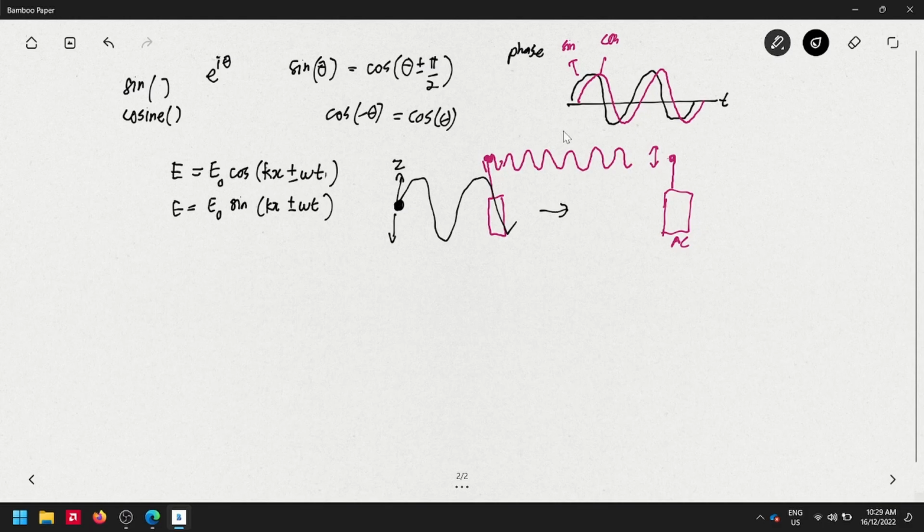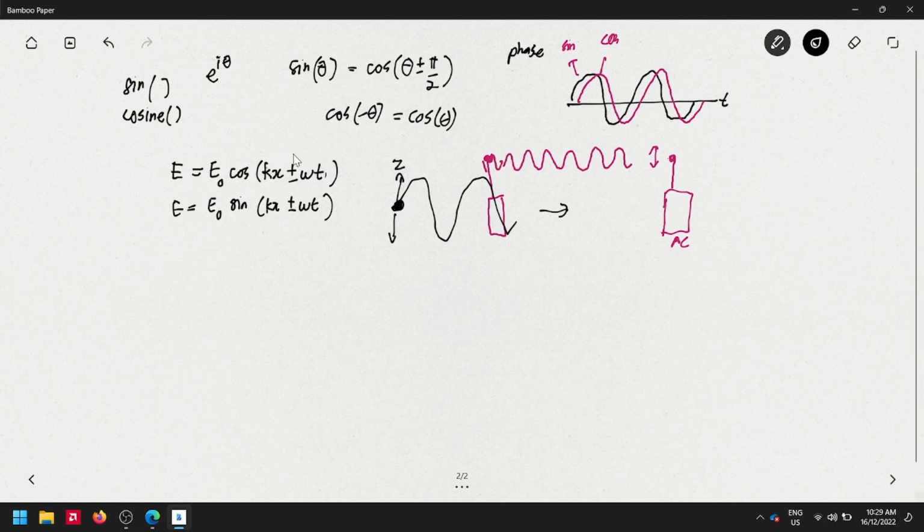For example, the sea wave, right? If you have a stationary object on the surface of the water, and then the wave comes, of course the object will oscillate in the vertical direction. But the wave itself seems to be moving from one place to another.